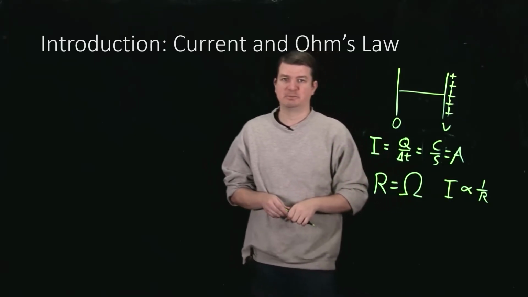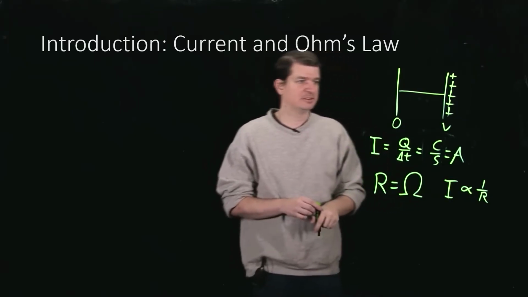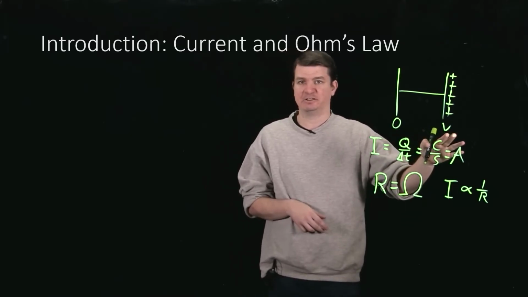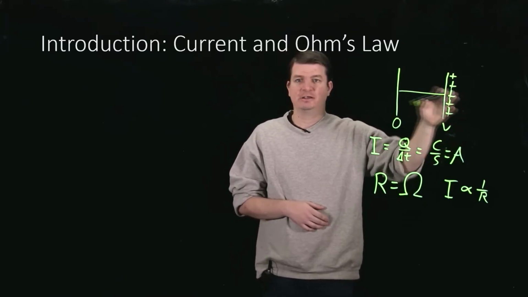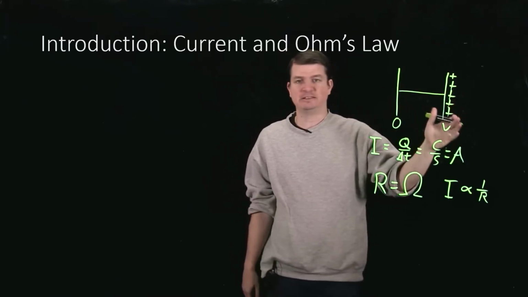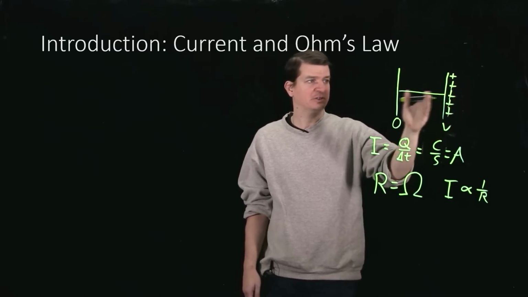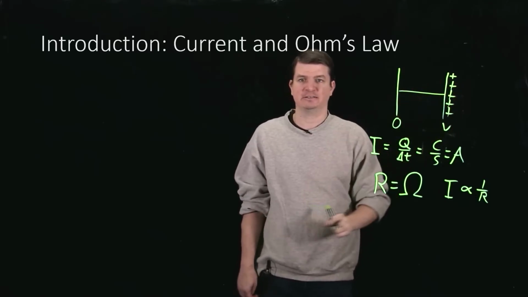Now we can also think about this a little bit more. If I make the potential difference larger, then there's more energy, and more energy means I can more readily overcome whatever resistance is in this wire.